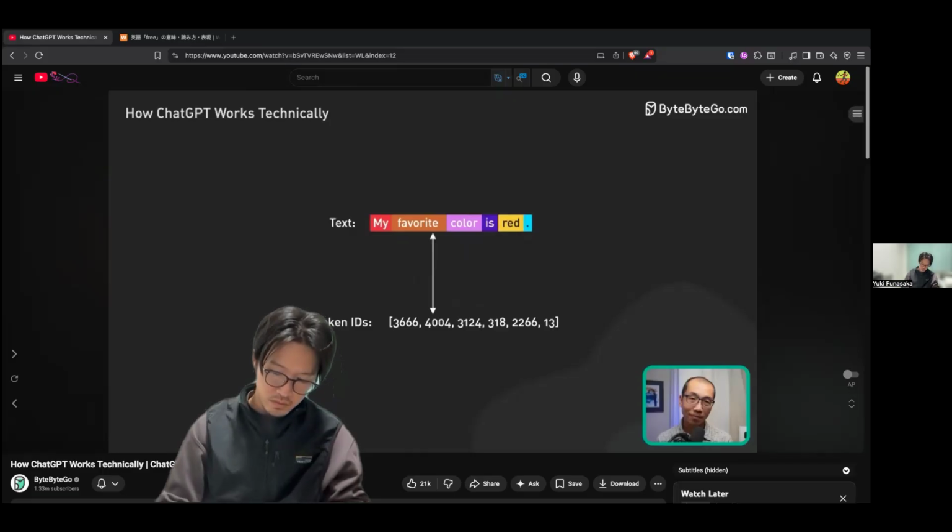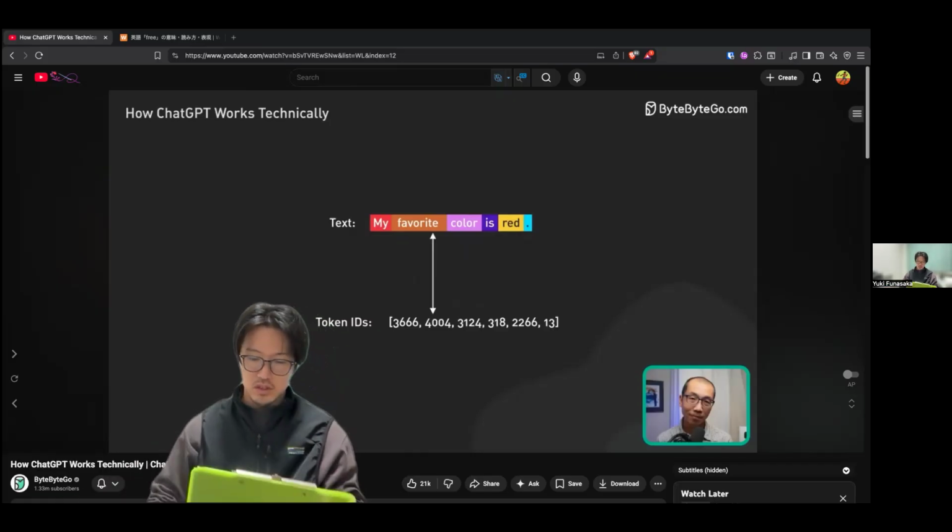Numbers are used for tokens rather than words because they can be processed by computer more efficiently, by LLM more efficiently. Yeah. Okay, let's check the meaning.